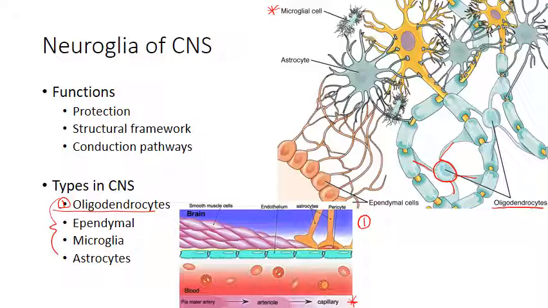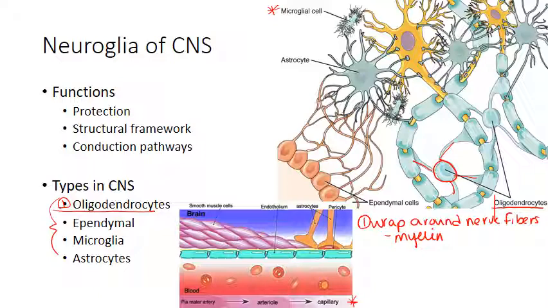Again, these are going to wrap around nerve fibers. As they wrap around nerve fibers, they provide myelin. Myelin is an insulator, and it helps speed up conduction. Okay, and again, we are going to talk much more specifically about myelin in the next couple of slides.